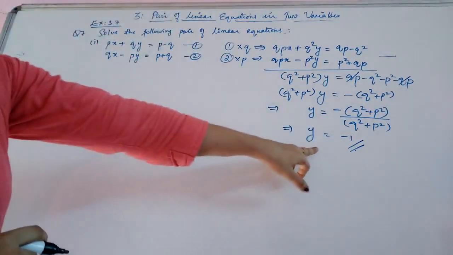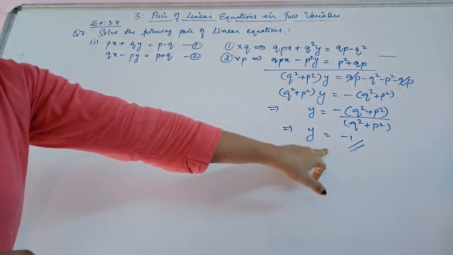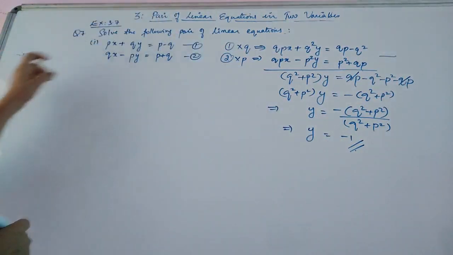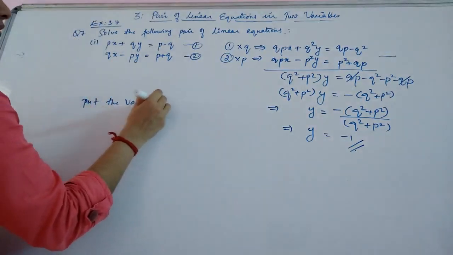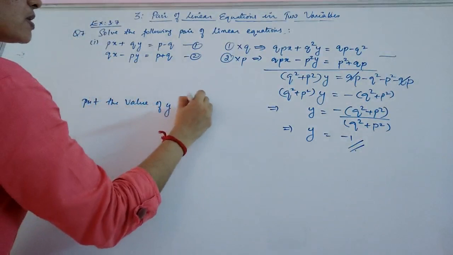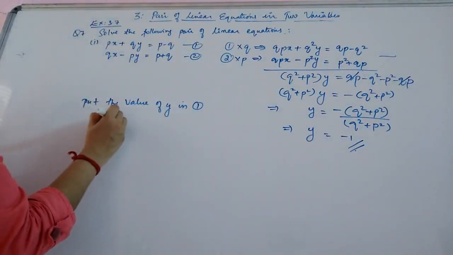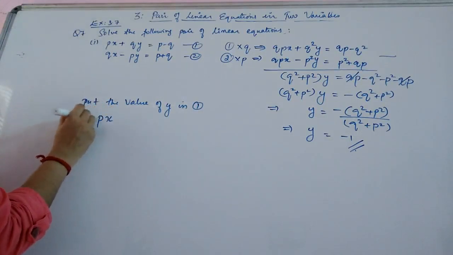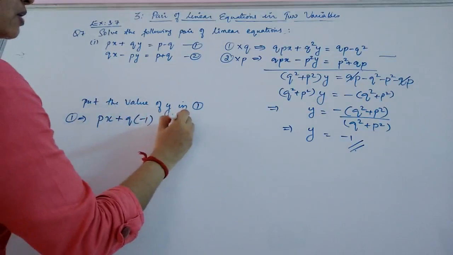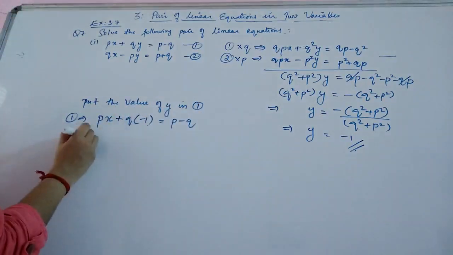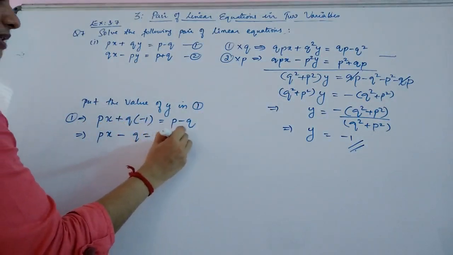Understood? y is equal to minus 1. Now the next step is to substitute this value of y as minus 1 in any one of the equations. Suppose we put the value of y in equation number 1. This is your equation number 1. So equation 1 becomes px plus q into minus 1 is equal to p minus q, which is px minus q is equal to p minus q.